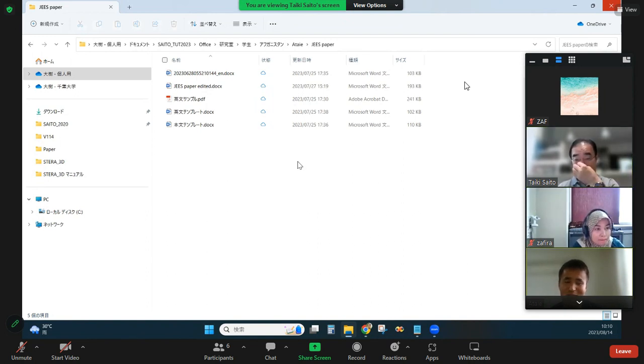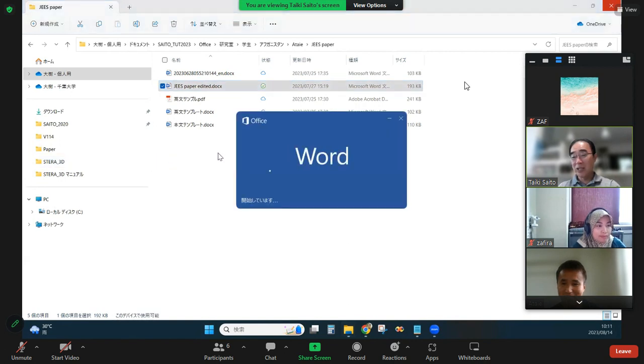They explain in Japanese, but it's difficult to understand, and sometimes we use Google Translate. Difficult. But you should continue to learn the Japanese language.